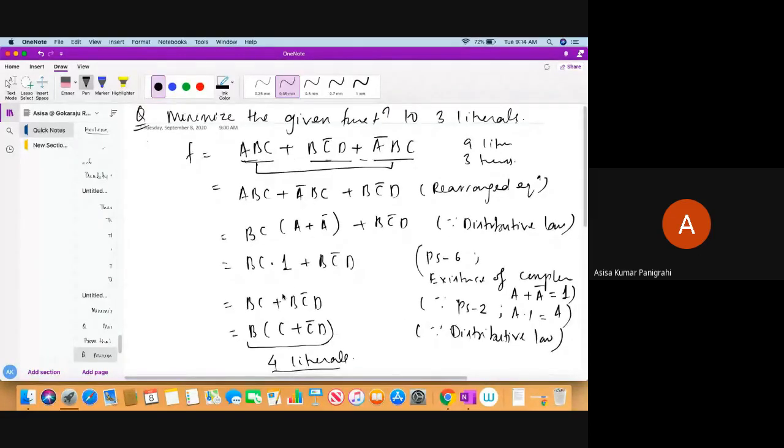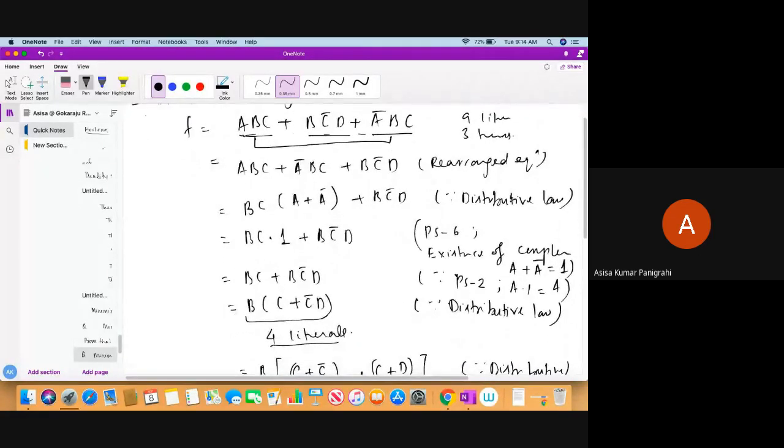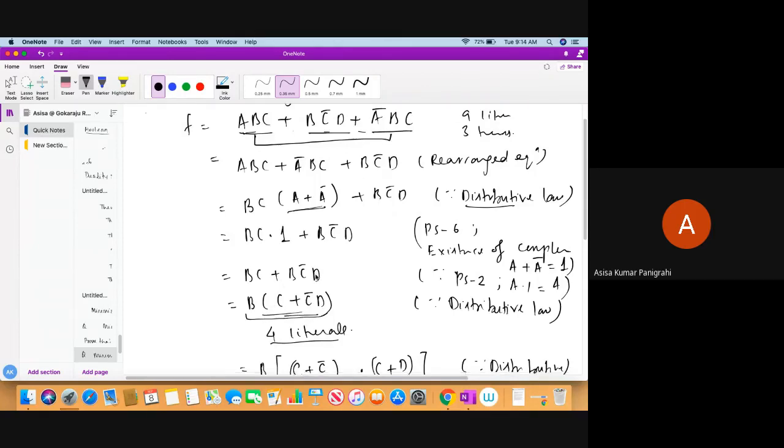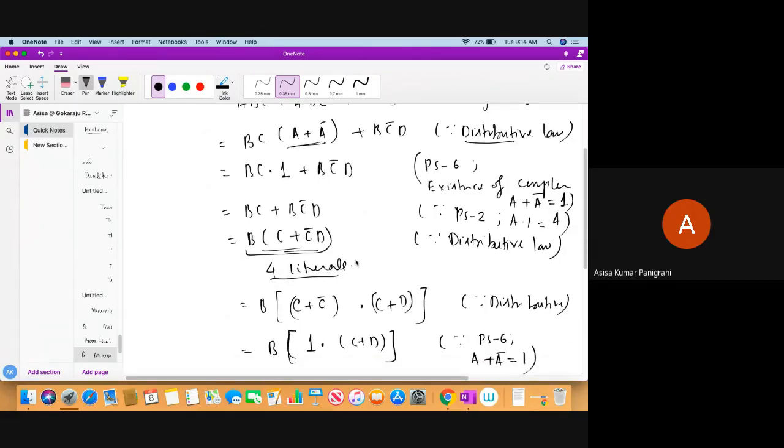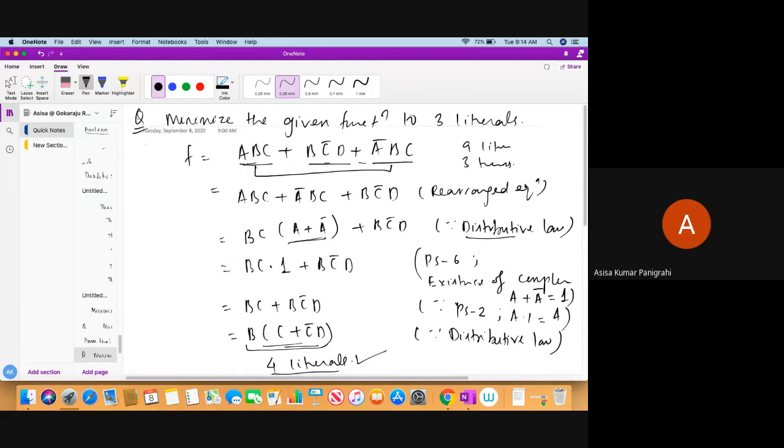So what we have done, we have used the distributive law initially here. Then we have used postulate 6, which is the existence of complement. Then we have used again the distributive law, nothing else. Then we saw it was reduced to 4 literals, but our question asked us to reduce it to 3 literals, so we had not achieved our goal.